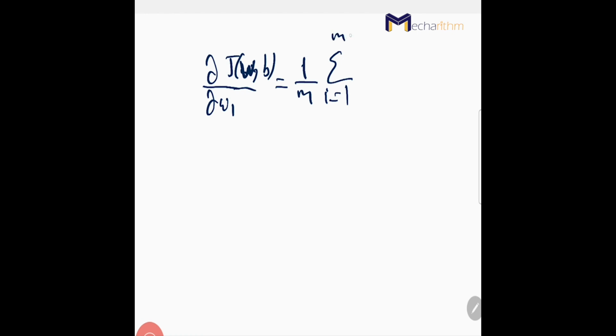So if we need to get the partial by partial W1, for example, of the entire cost function, which includes all the W's and B's, and all the examples or input features, so this is a function of the vector W of weights and B, this is going to be equal to 1 over m multiplied by the summation from i equals 1 up to m of the partial derivative of each individual loss, added together and then divided by the number of examples, which is equivalent to getting the average of the derivatives. So that's it.